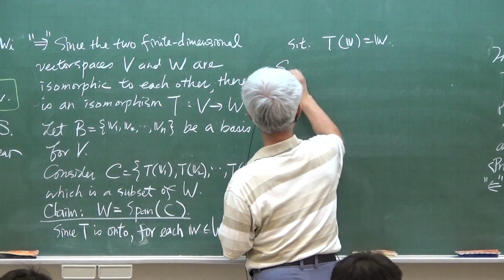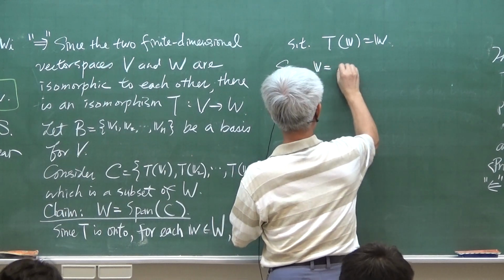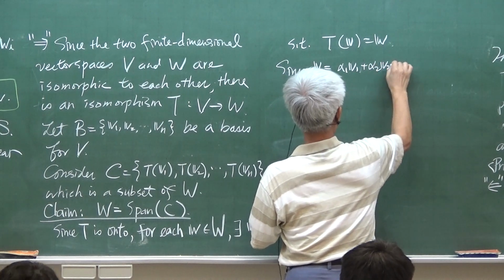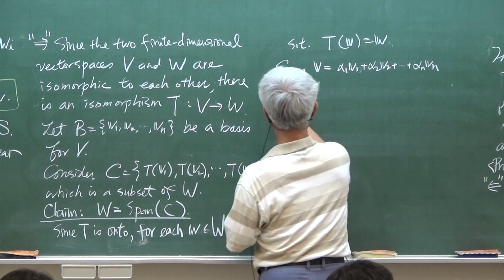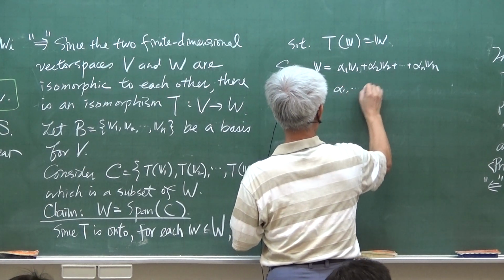Now, since B is a basis, v equals alpha 1 V1 plus alpha 2 V2 plus alpha n Vn for some scalars alpha 1 to alpha n.